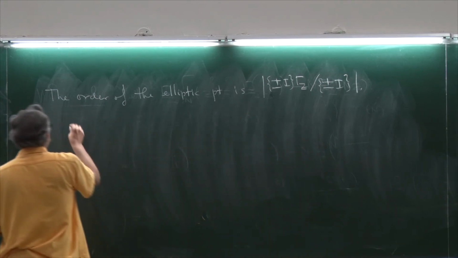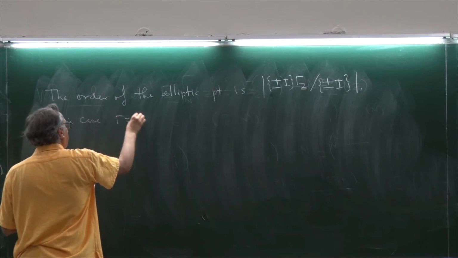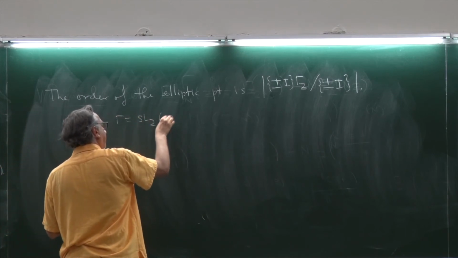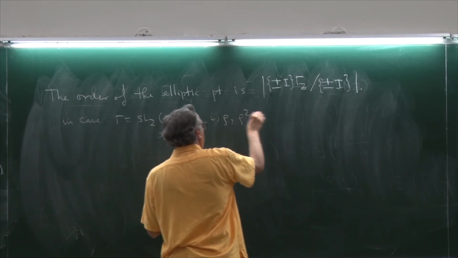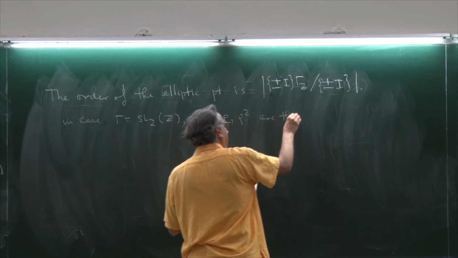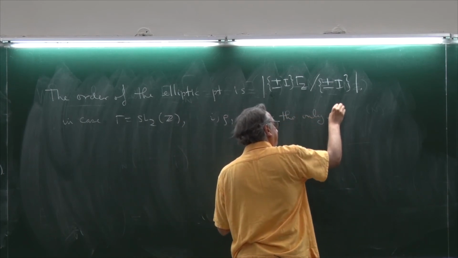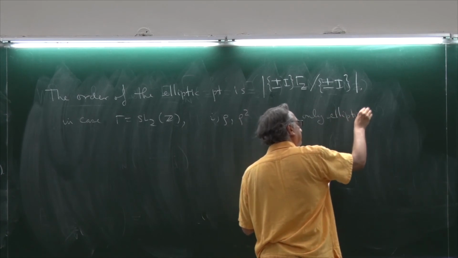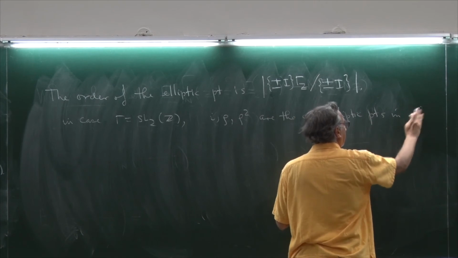So in the case, in SL2C, in case gamma is the full modular group, I, rho, and rho squared are the only elliptic points in the fundamental domain.